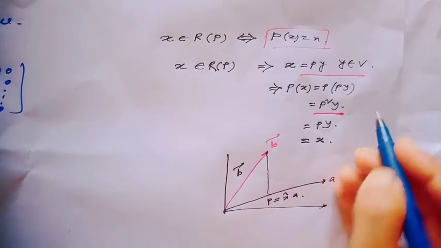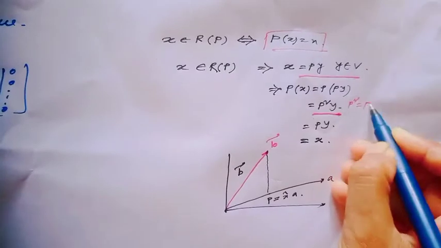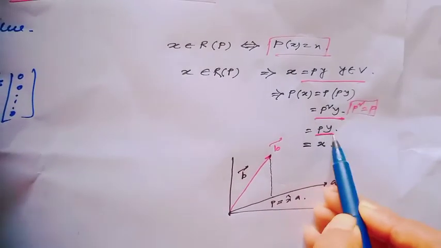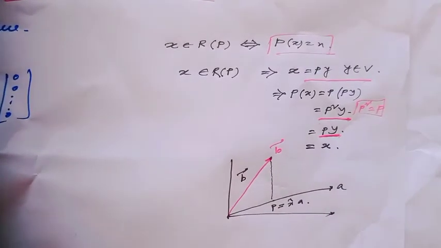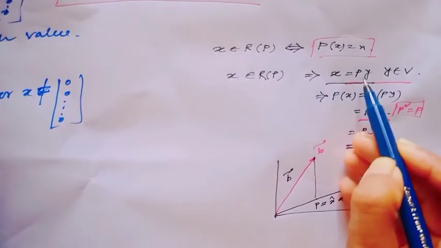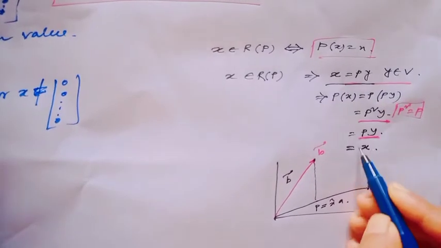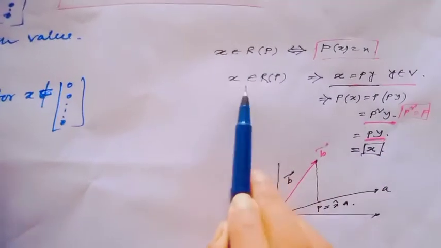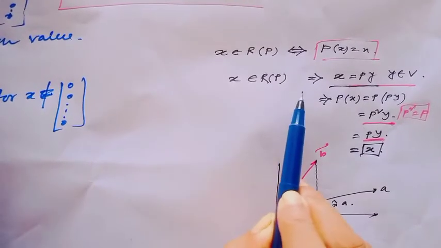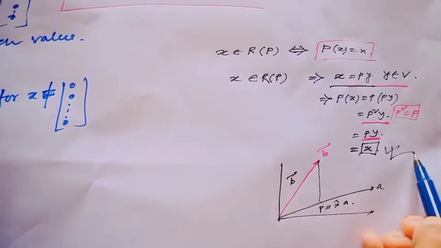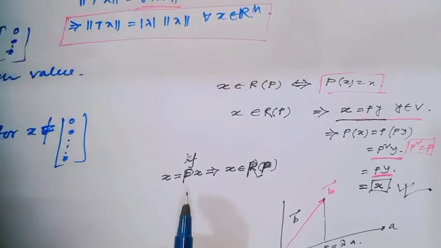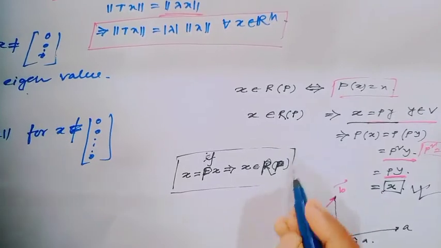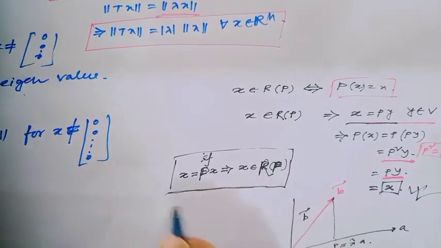Since P is idempotent, obviously P square equals P. Put the value, then this would be Py. So go back to this equation: Py equals x, put this here. So our proof is done. If x belongs to the range of P, then Px equals x. Conversely, if x equals Px, then obviously x belongs to the range of P.